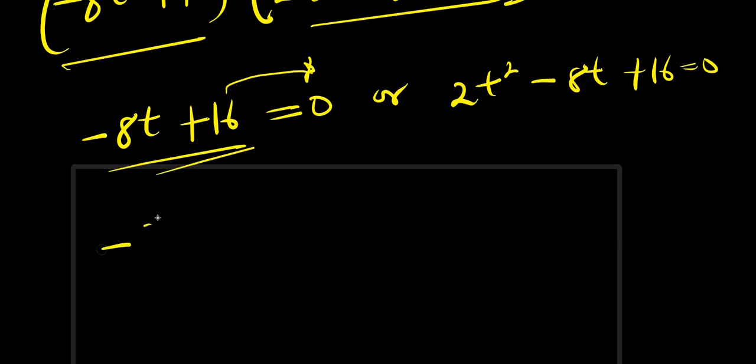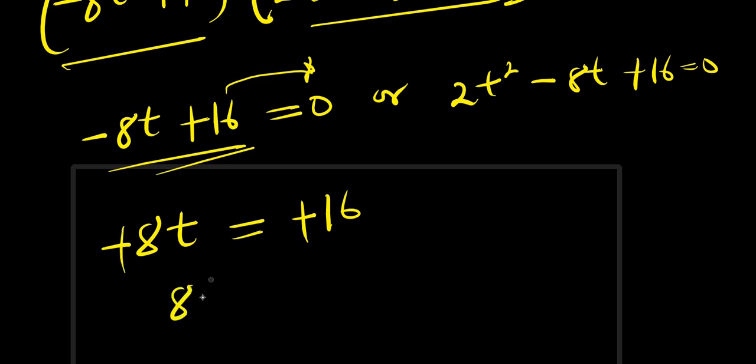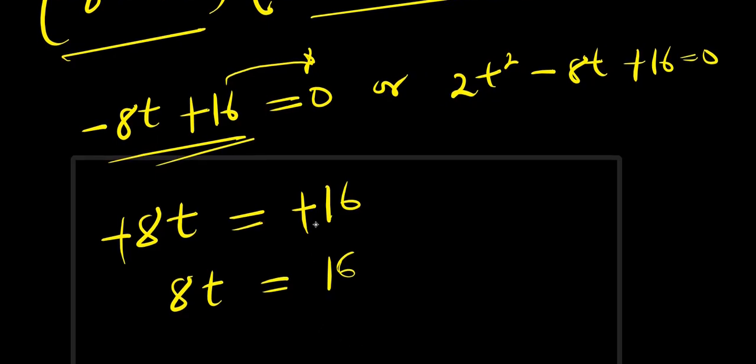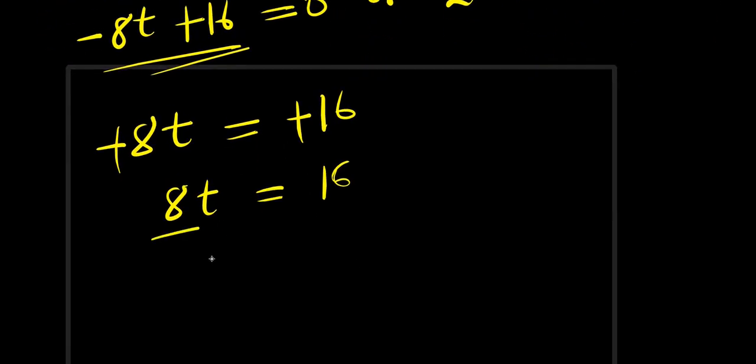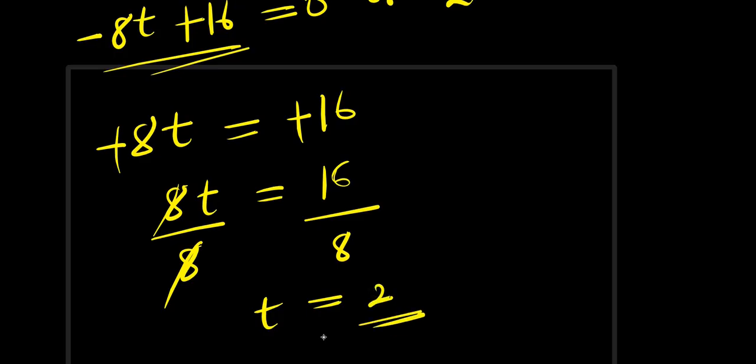So we have negative 8t equals negative 16. Negative cancels negative. We have 8t equals 16. So let's solve for t by dividing this by 8. And we divide this by 8. So 8 cancels 8. We have t equals 16 divided by 8. That is 2. This is our first solution.